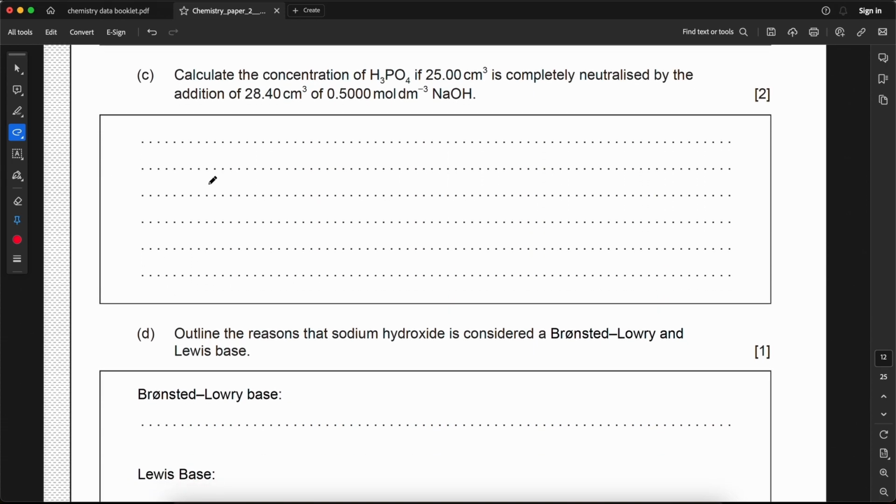Calculate the concentration of H3PO4 if 25 centimeter cube is completely neutralized by the addition of 28.40 centimeter cube of 0.5 NaOH. So we need to find the mole of NaOH first, which is, this is the volume and this is the concentration.